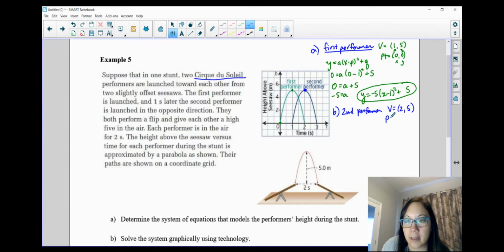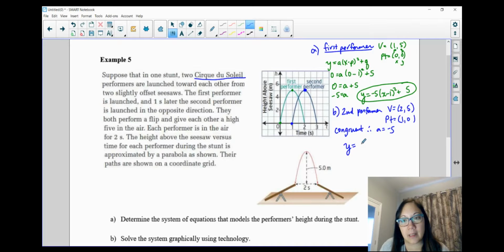Unfortunately, 0, 0 isn't a point on theirs, but I'm going to choose something else that's quite convenient, 1, 0. And honestly, I think it's pretty clear these 2 graphs are congruent. I think we're going to get the same A value. So you can do all that work again. I'm going to take a slight shortcut here and say they're congruent. Therefore, A is going to also equal negative 5 on this graph just to save us some time.